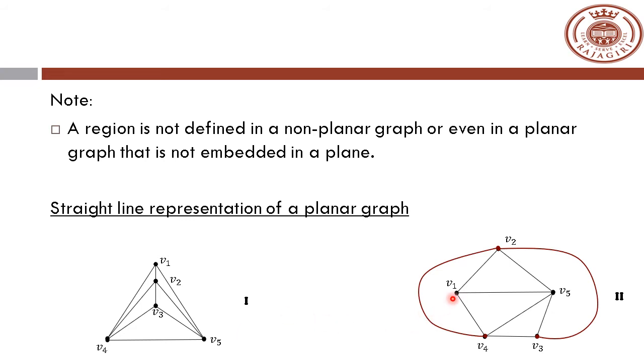For that, if we fix the vertex V1, in figure 2 the adjacent vertices of V1 are V2, V4 and V5, and these can be mapped onto V2, V4, V5 in figure 1 so that these vertices V2, V4 and V5 are adjacent to V1.